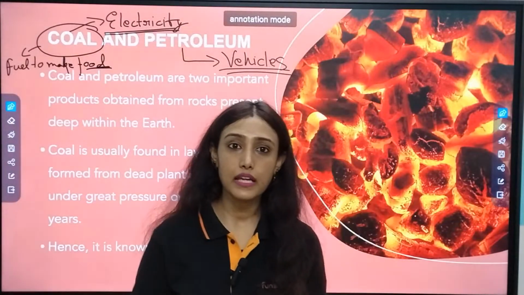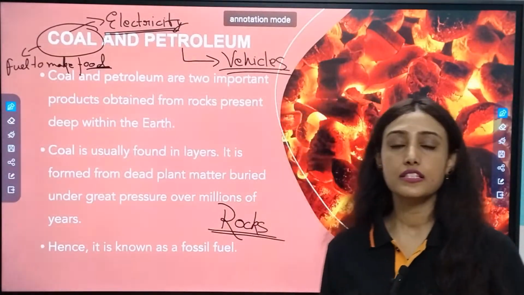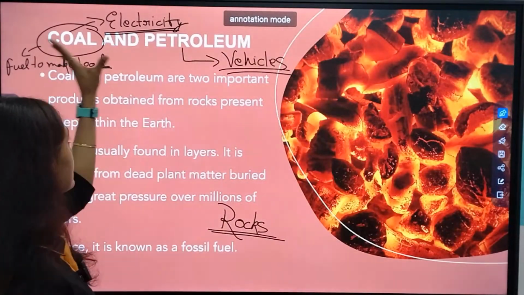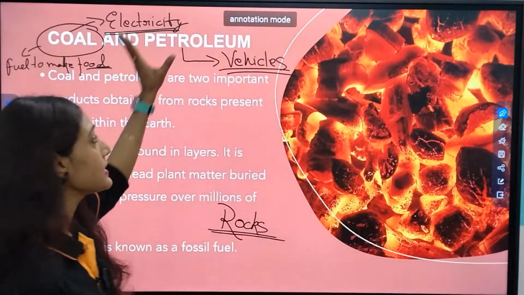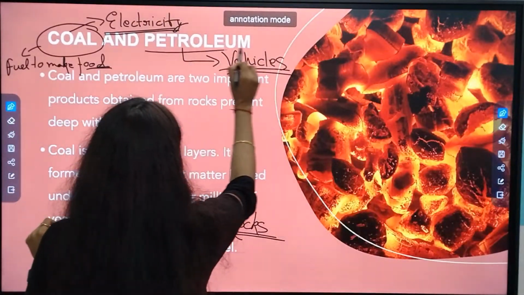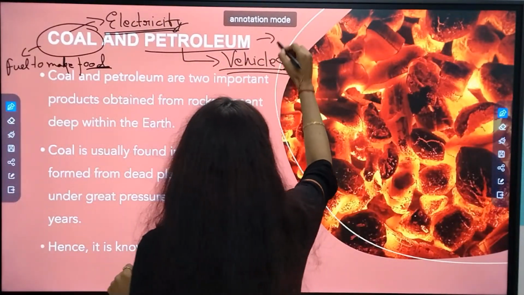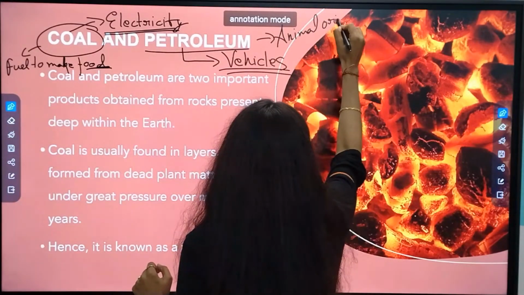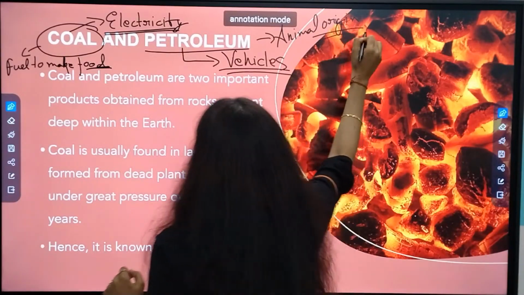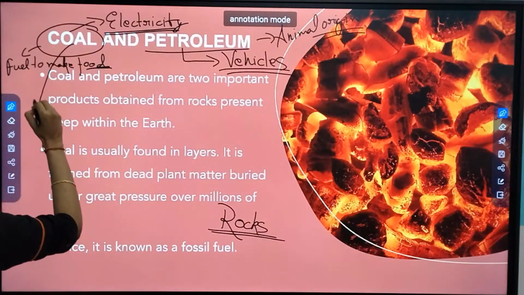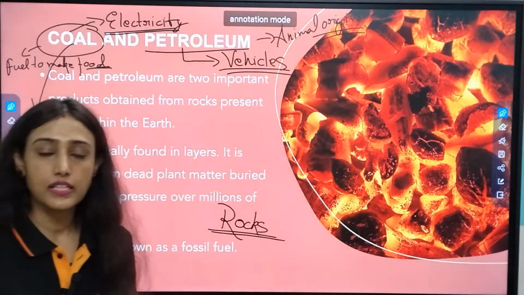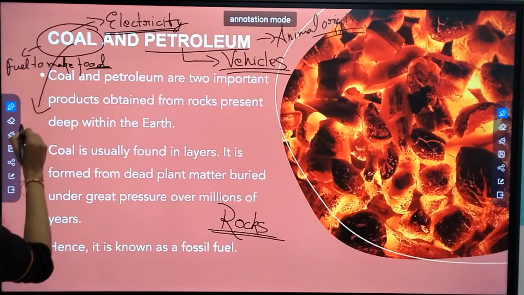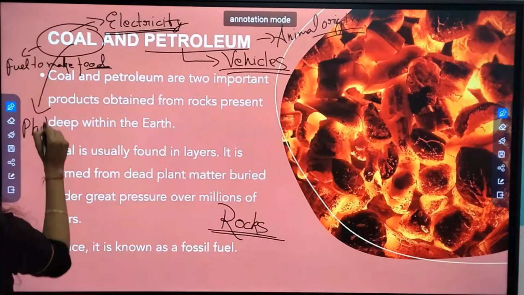They are buried, and with increase in temperature and pressure, all the animals have converted into petroleum. Animal origin. And coal is thousands and thousands of trees that got buried, and with time they have converted into coal. So it is of plant origin.